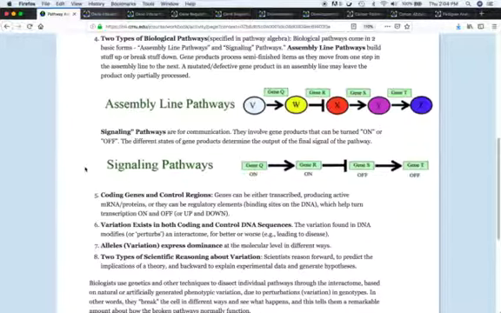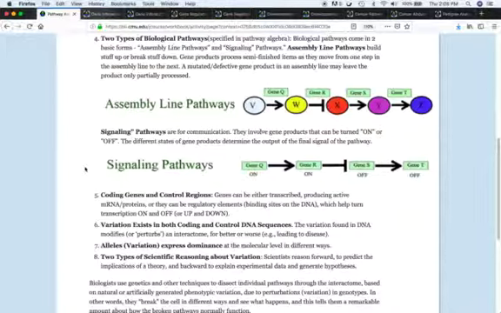All biological systems can be thought of or represented as one of these two types of pathways or a combination thereof. From the simplest reactions all the way up to ecosystems and how organisms of different species interact with each other and the rest of the physical environment.